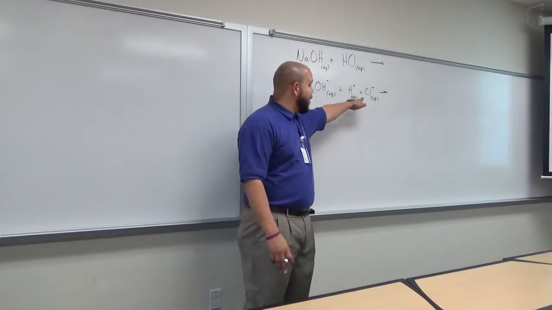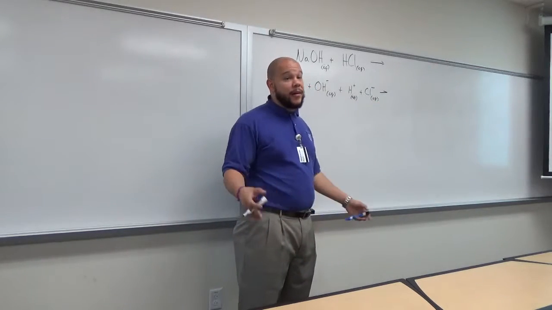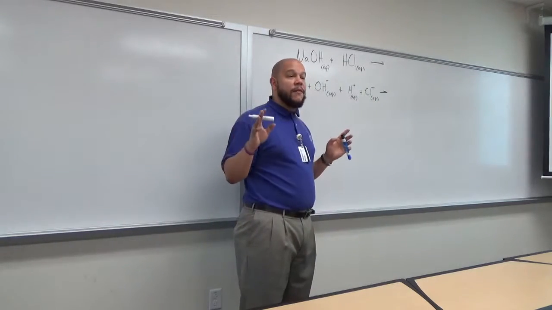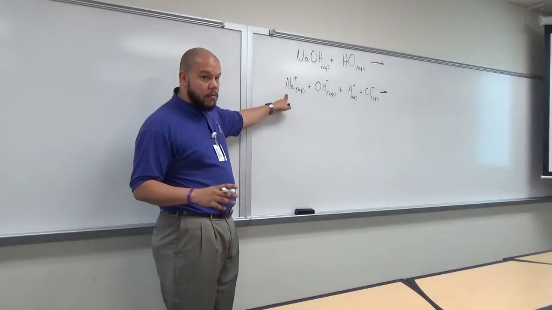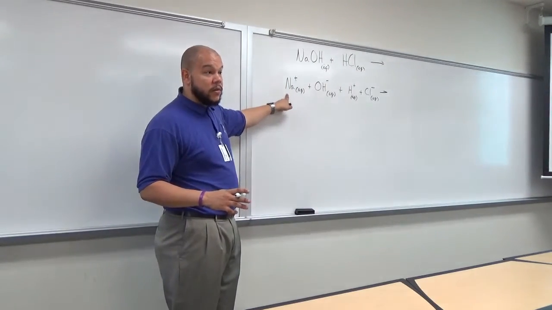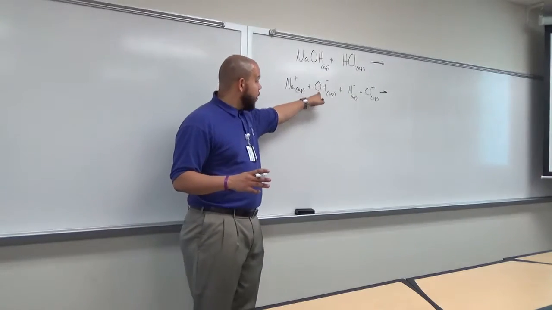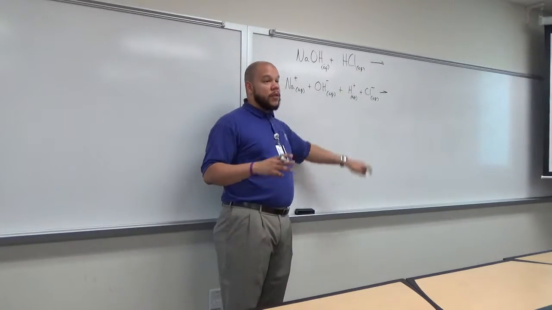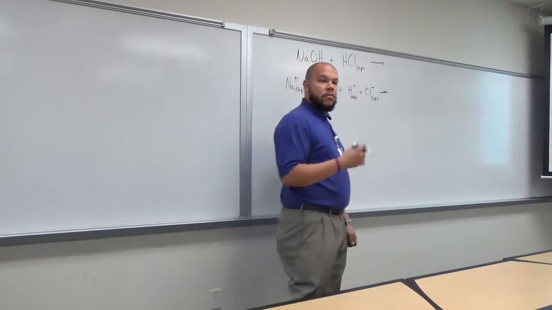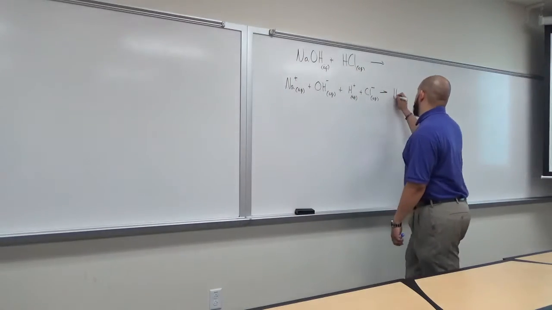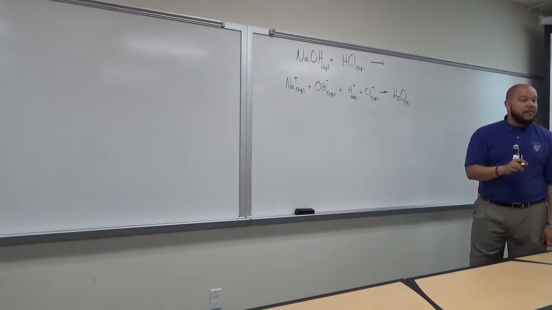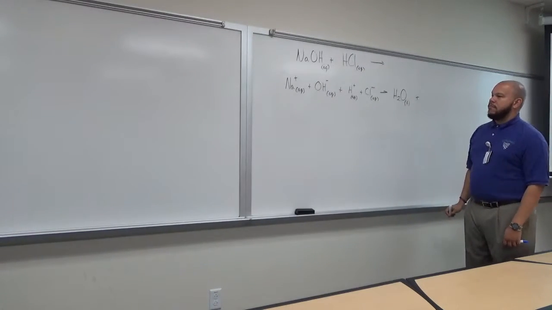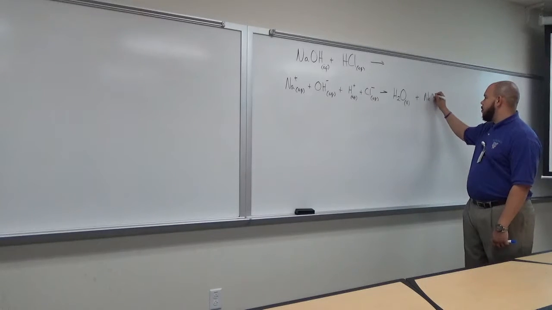Well, chloride is happy. Octet fulfilled, stay away from me. Sodium, happy. Octet fulfilled, stay away from me. Hydroxide and H plus are going to find each other immediately. So you're going to make water, and sodium chloride.